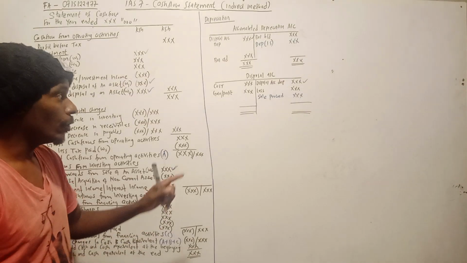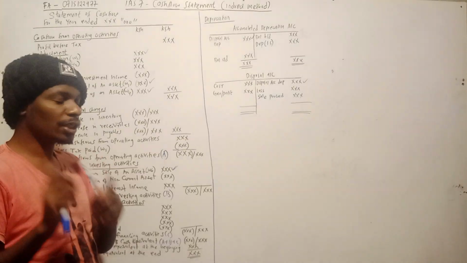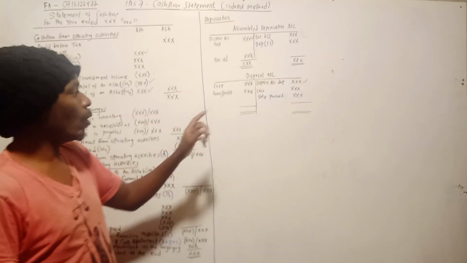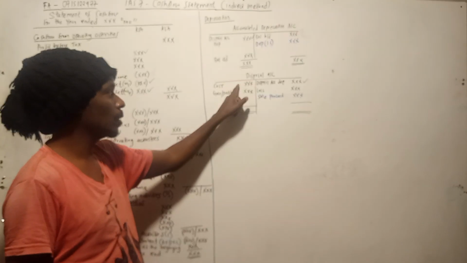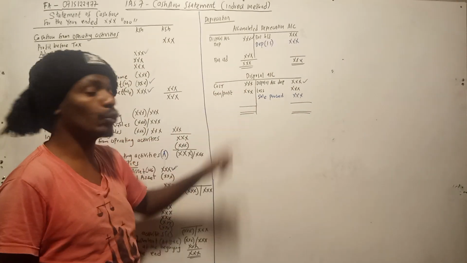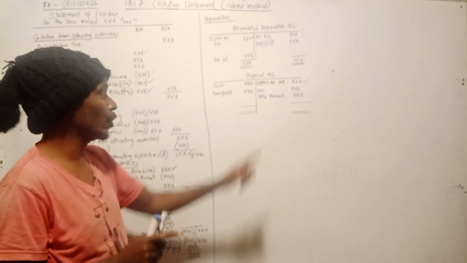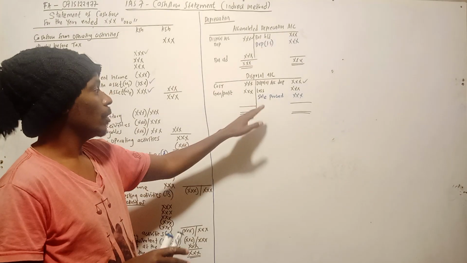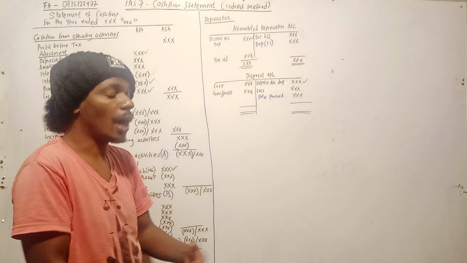Sometimes you can be required to prepare this too. In that situation, if you have been given the sales proceed, and you have the accumulated depreciation and the cost, then what is missing is either this figure or this one. So you just balance. You look at the items available in your equation. Sometimes you don't require to prepare the sales proceed because they tell you they sold this asset at this amount.